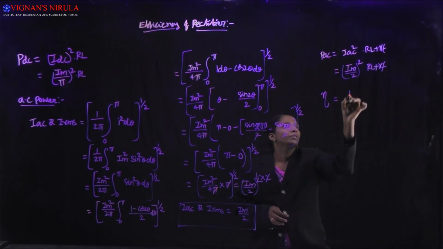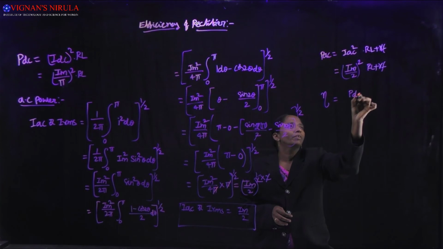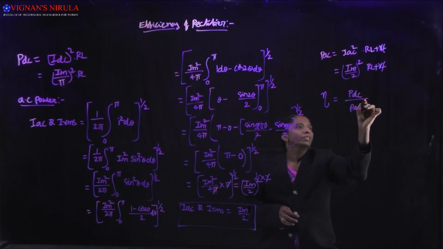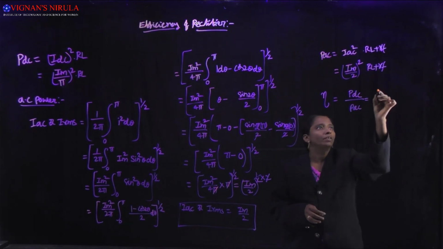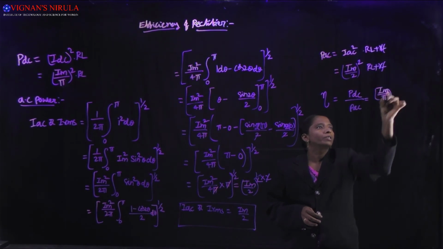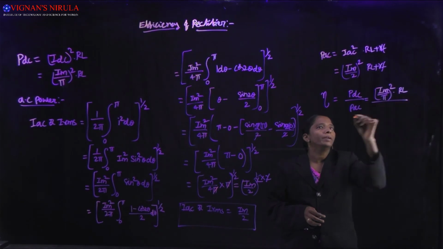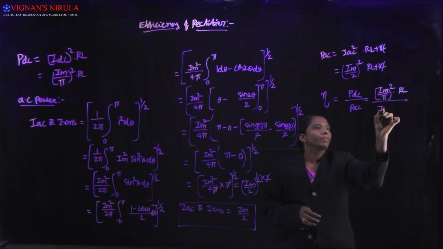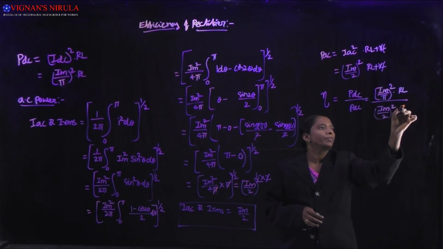Efficiency equal to PDC divided by PAC. Substitute the PDC value, that is Im by pi whole square into RL, divided by PAC, which is Im by 2 whole square into RL plus RF.